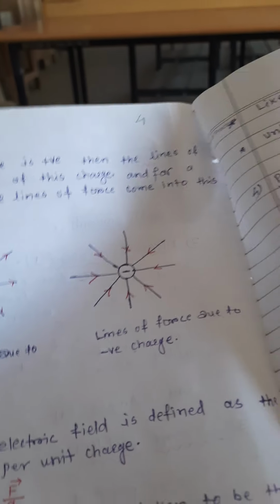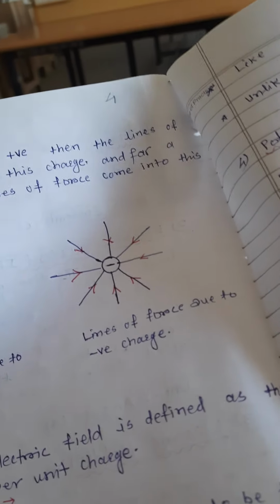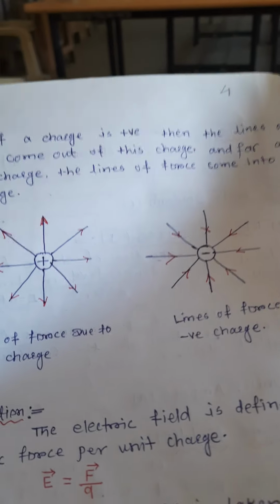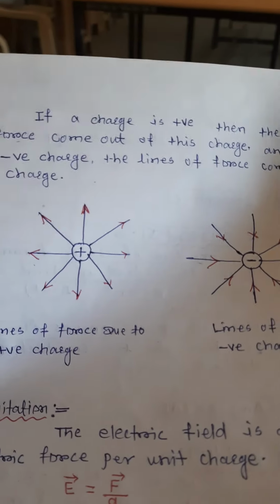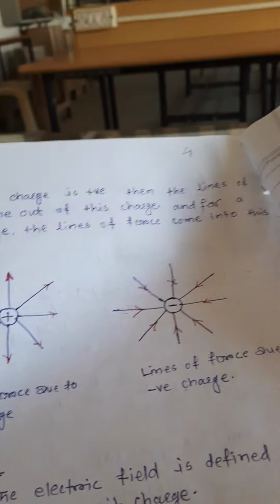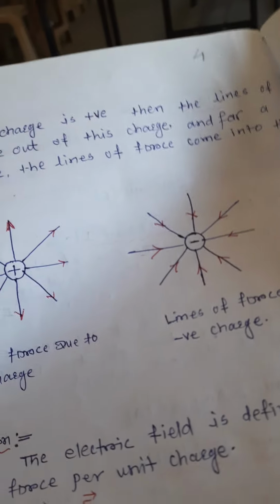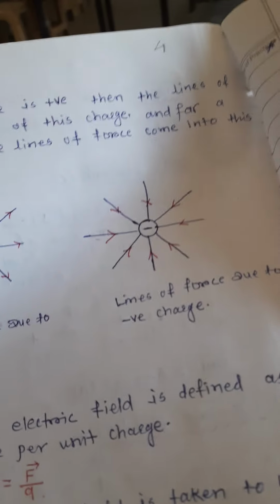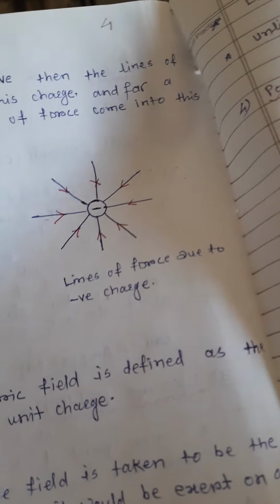And if the force lines are incoming towards the point charge, that is the negative charge. So this is about the electric field.